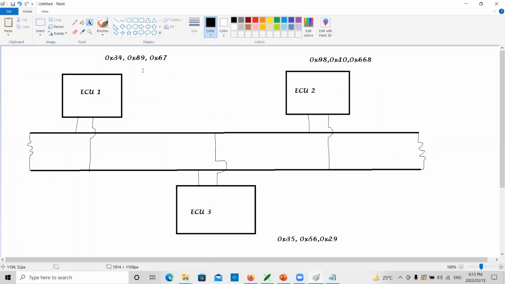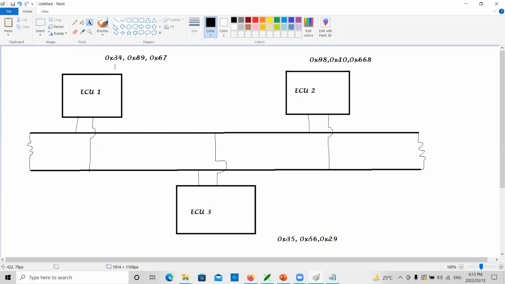Is that correct or not? Initially 34 is pushing all the messages, that means its message is going first, then 35 and then 98. So 34 is the least number among these three numbers, 34, 98 and 35. 34 is the least one.